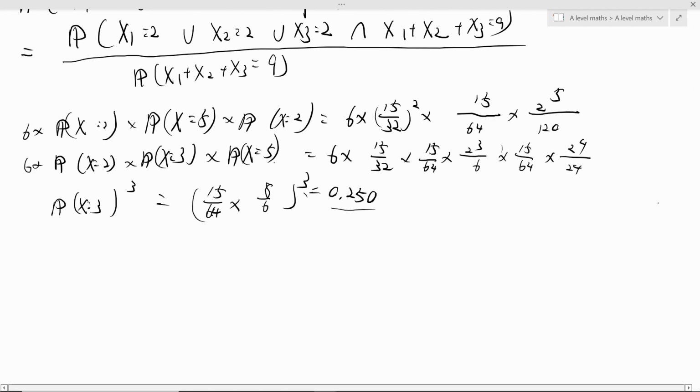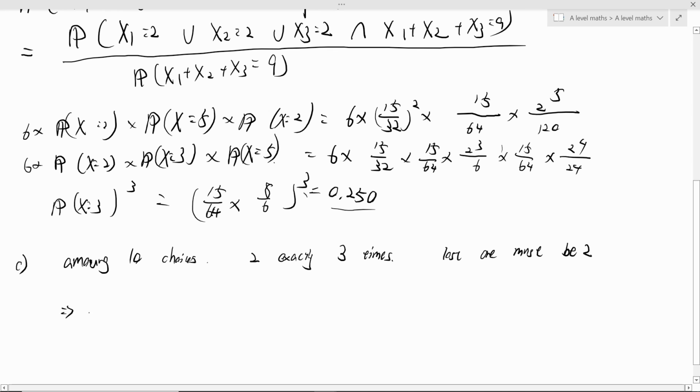So let's write them down. What do we know? Among 10 realizations, we have 2 exactly 3 times, and then the last one must be 2.